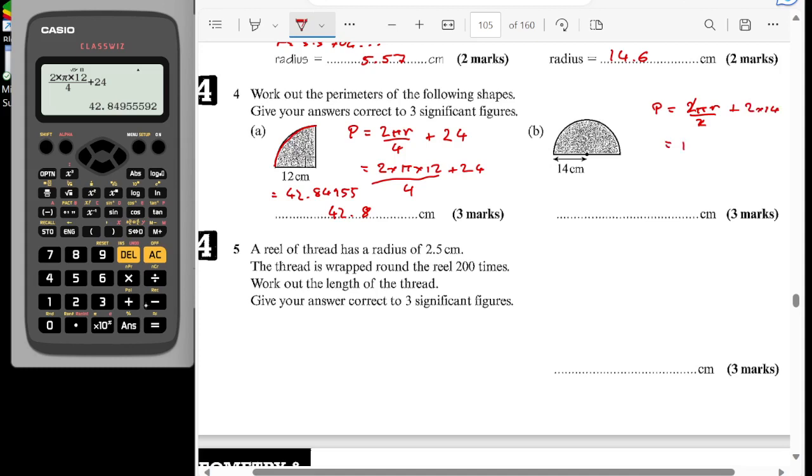So that's pi times 14 plus 2 times 14, which gives us, before we round, 71.9822... So to three significant figures, that would be 72, 71, misread my own writing. 71 point, so which is that number closer to, 71.9 or 72.0? That's closer to 72.0.